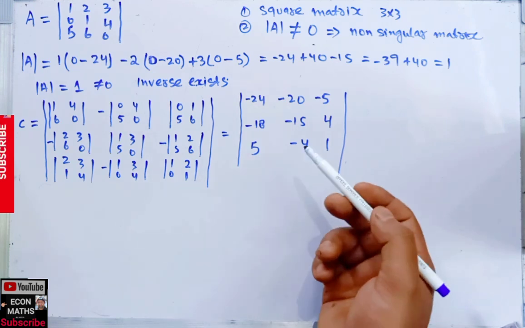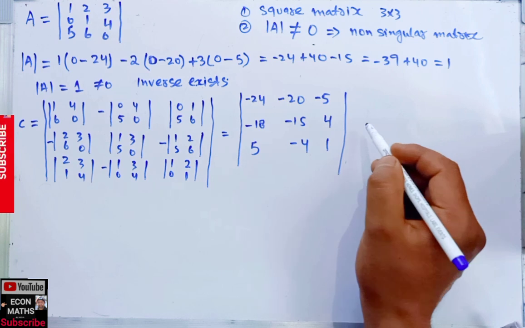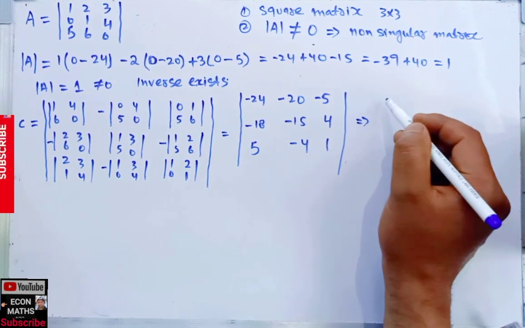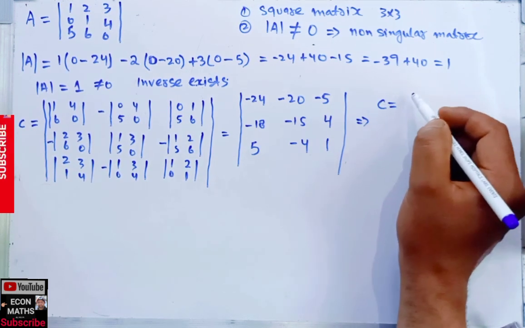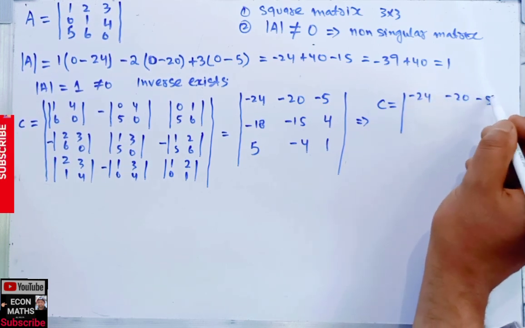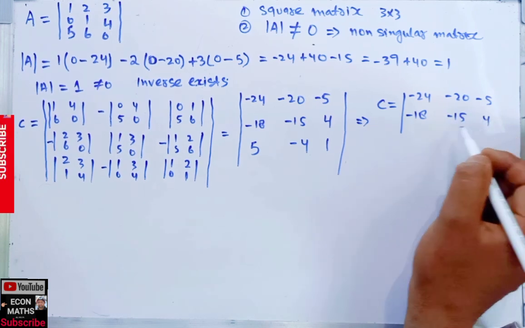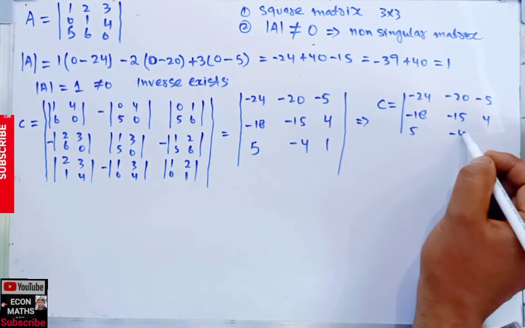I hope the calculation is going right. Now this is C, the cofactor matrix: minus 24, minus 20, minus 5, minus 18, minus 15, and 4, and 5, minus 4, and 1.